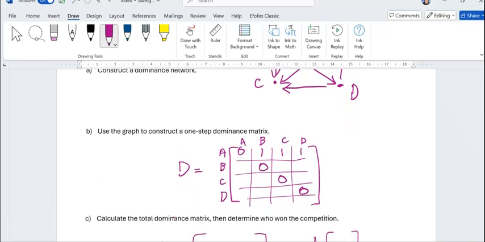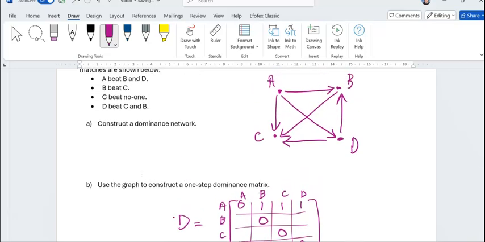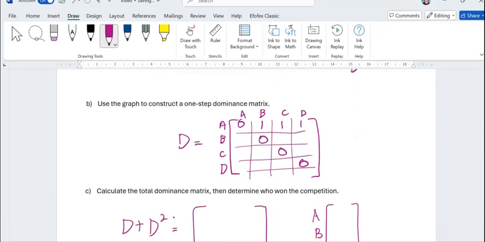So we're looking at the dominance matrix. The winner is on the left, the loser on the top, is how we're reading that. If I'm looking at B, going across the row of B to see who B beats, the only person B beats is C. So I can have a 1 in that column. B beats C and doesn't beat anybody else.